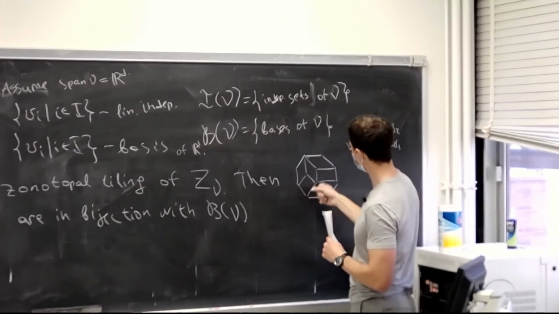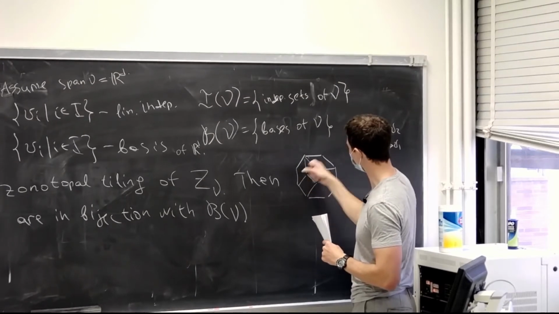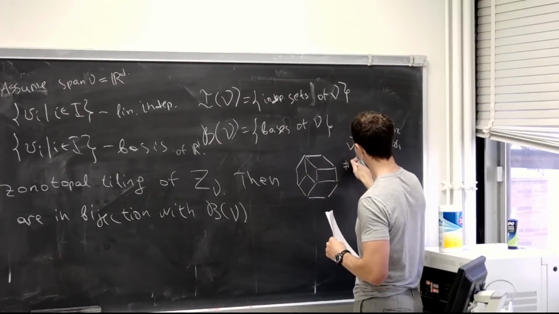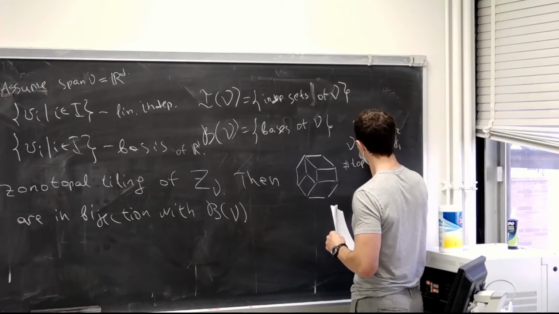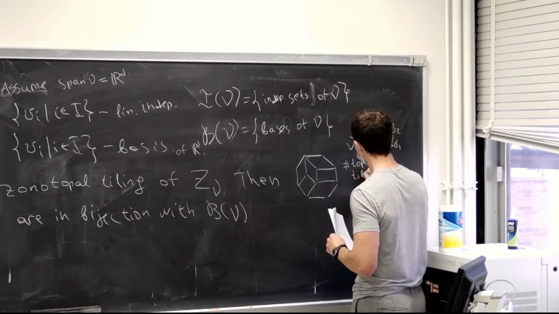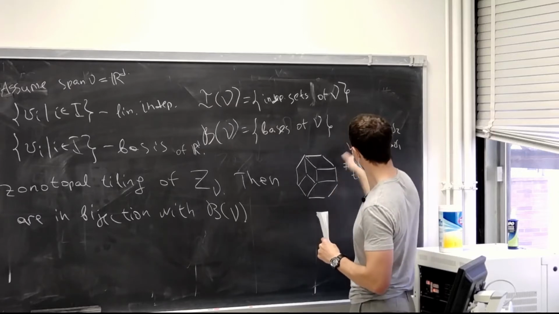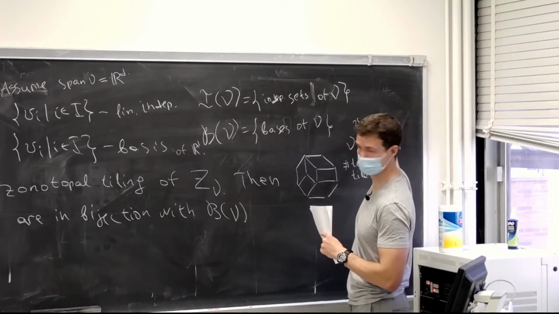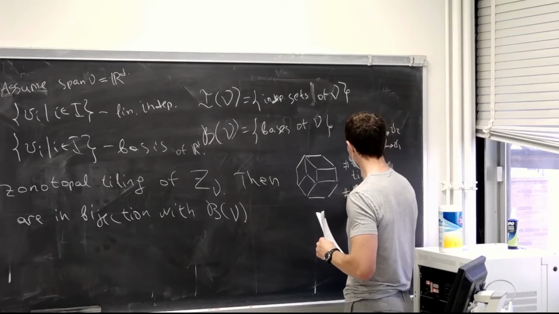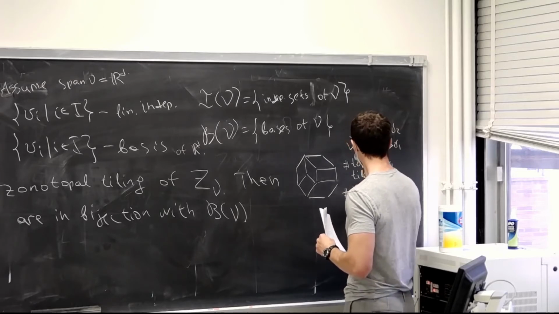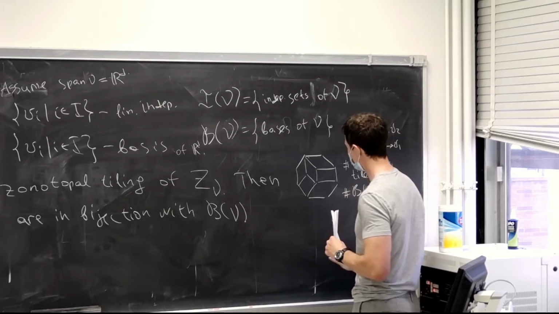And if I count the top dimensional tiles, 1, 2, 3, 4, 5, 6, it is 6, since any two vectors form a basis. So the number of bases of V is also 6.